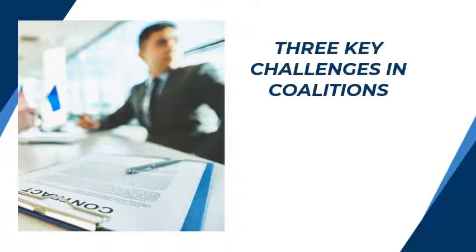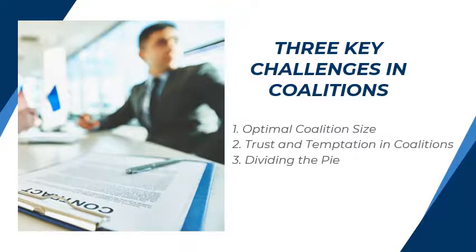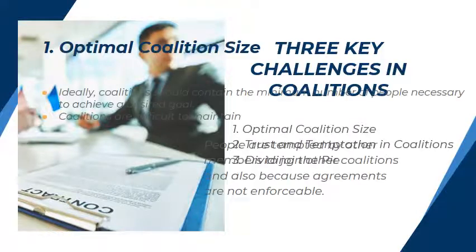We move on to the key challenges in coalitions. There are three key challenges in coalitions. It is the optimal coalition size, trust and temptation in coalitions, and also dividing the pie. The first one is optimal coalition size.